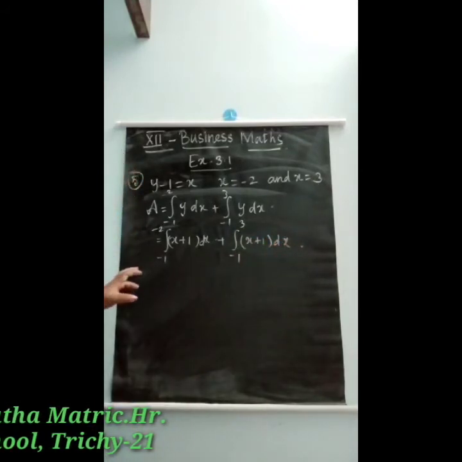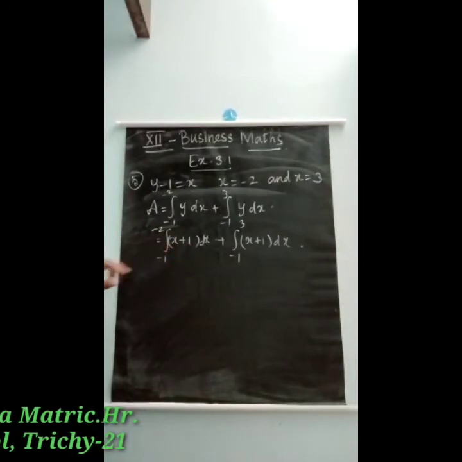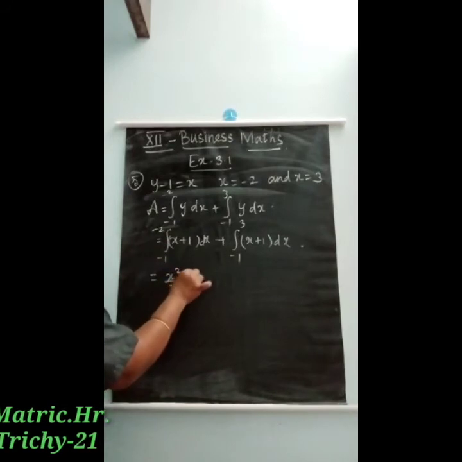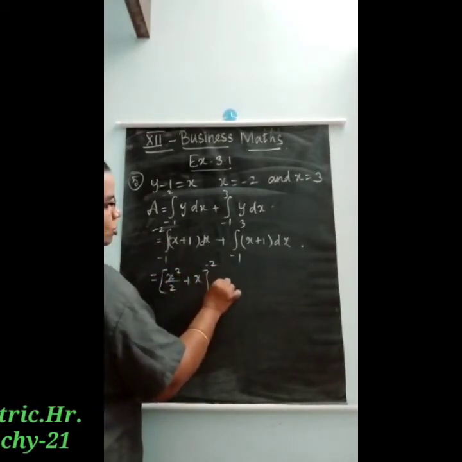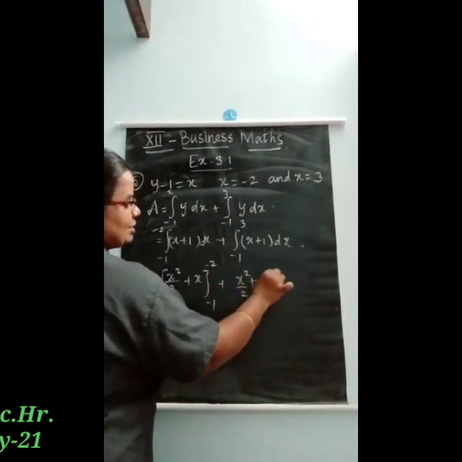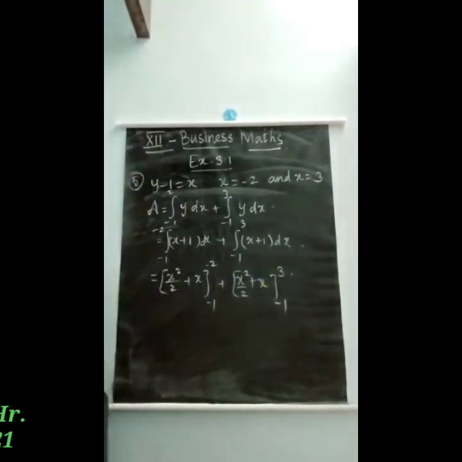Now we have to find the integral value. So we will get x squared by 2 plus x with limits minus 2 to minus 1, plus x squared by 2 plus x with limits minus 1 to 3.